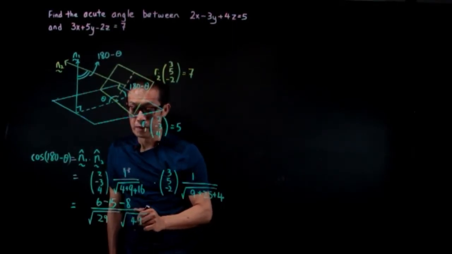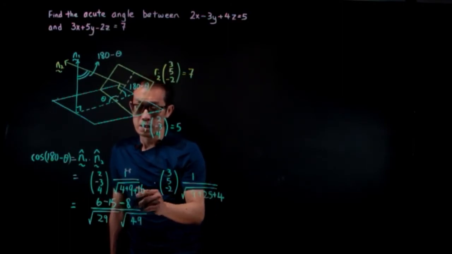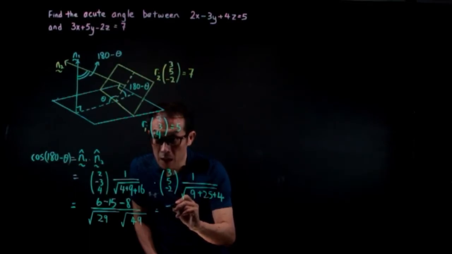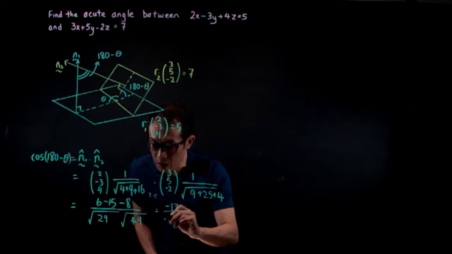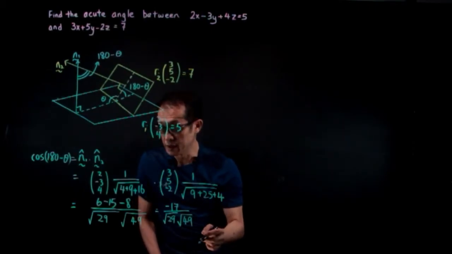So I get minus 17 over the square root of 29 times the square root of 49, where the square root of 49 is 7.